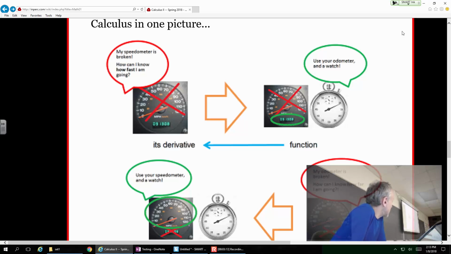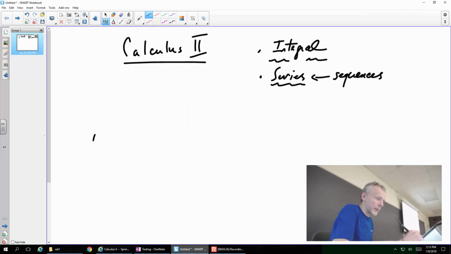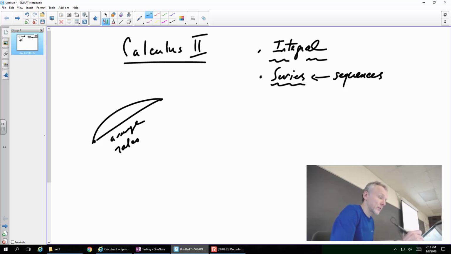Derivative is the instantaneous velocity, whereas the average velocity is the slope of the secant line. The point I want to make is that this is the average rate of change over this interval AB.